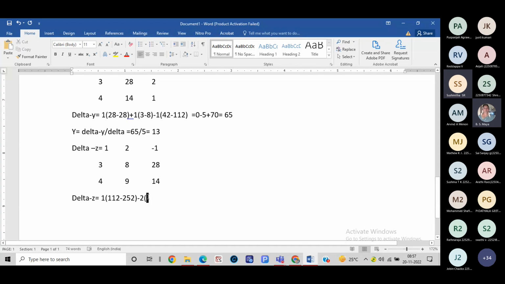Correct, right? Correct, ma'am. 14 threes are 42, minus 28 fours are 112, so minus 70. Minus 1 into 9 threes are 27, minus 8 fours are 32.